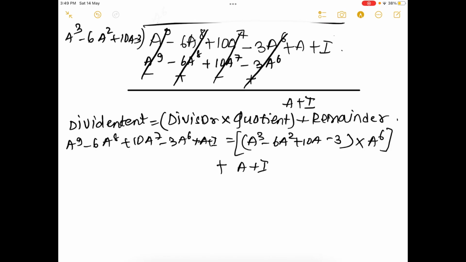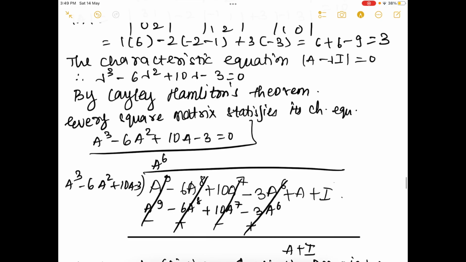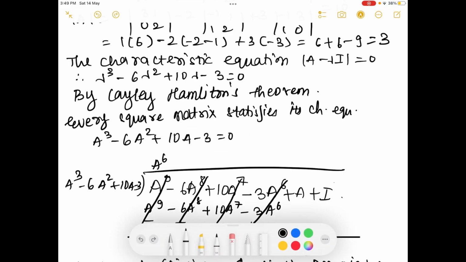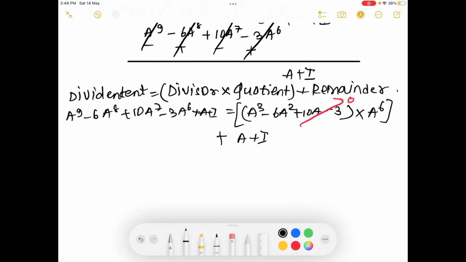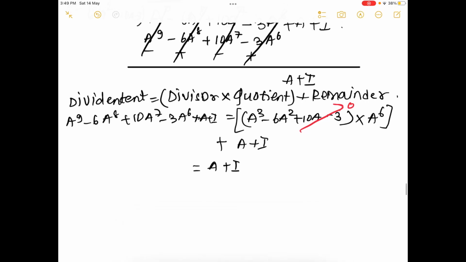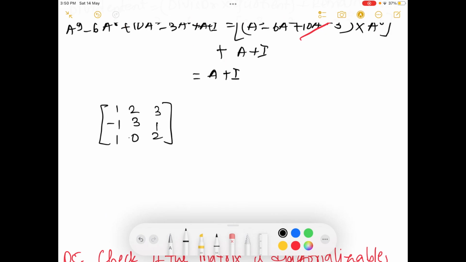Now this we have proved is equal to 0 from above, right? So let me just put this in a different colored box. From here we know that this will be equal to 0, so this entire term becomes equal to 0. So we'll have the value of this equal to A plus I. Now A plus I will be equal to the given matrix plus the identity matrix.